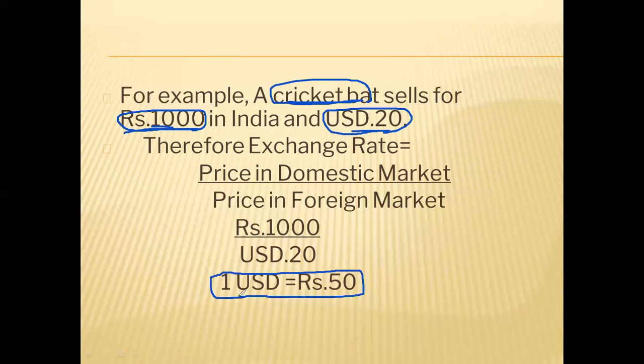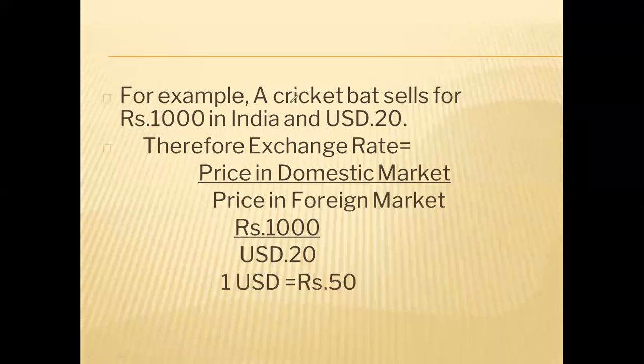Now, the disadvantage of this theory is that lakhs of commodities are sold in the market. So it will be very difficult to compare each commodity's price and arrive at the exchange rate. Here we have taken one small commodity, that is a cricket bat: 1,000 in India, $20 in USA.